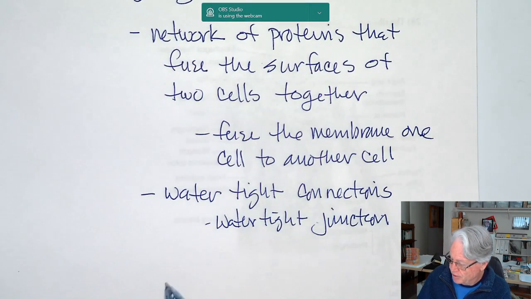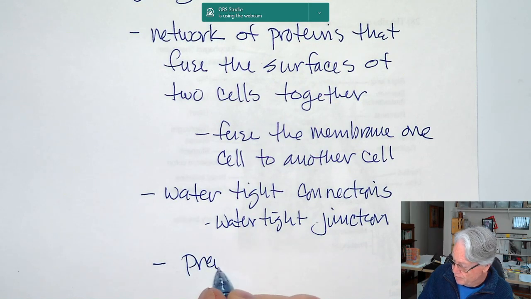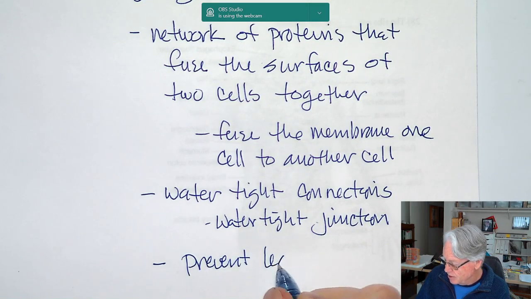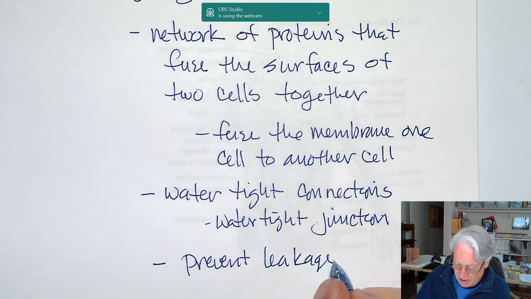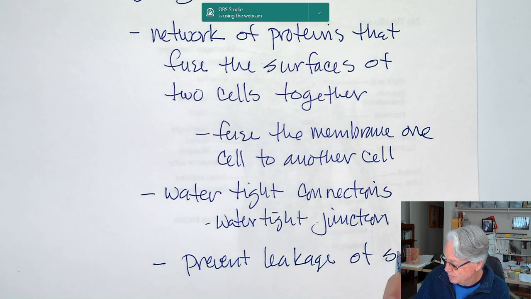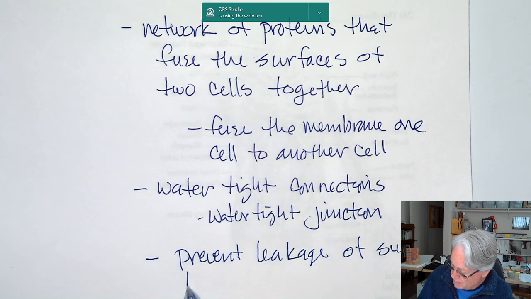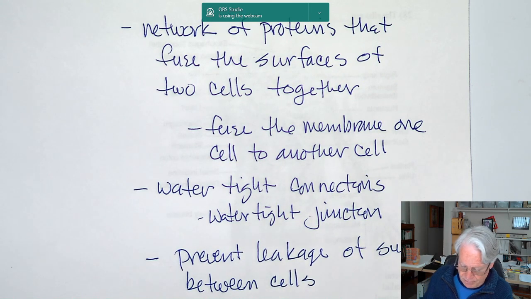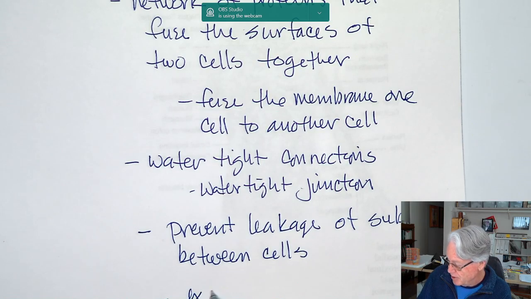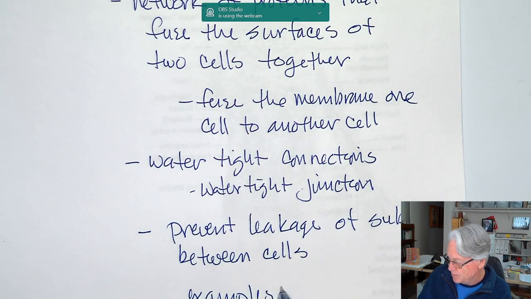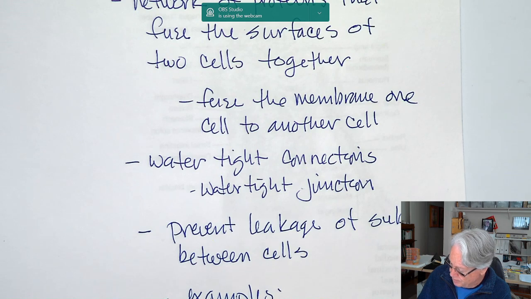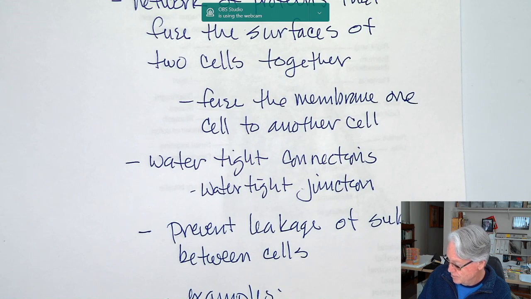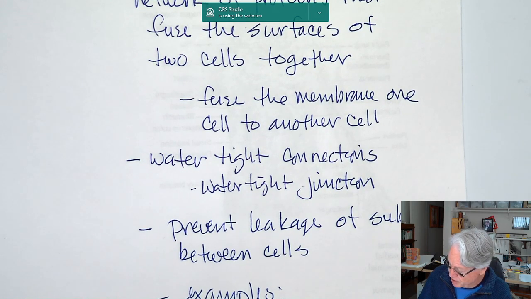What they're designed to do is prevent leakage of substances between cells. Some examples of where you would find this type of connection would be the stomach, the intestines, the urinary tract.